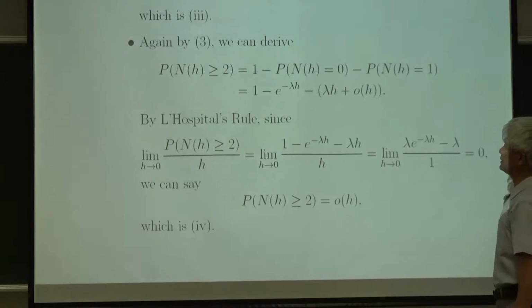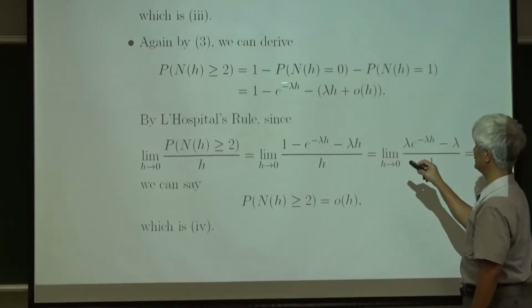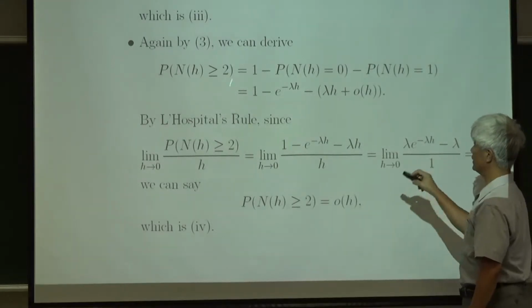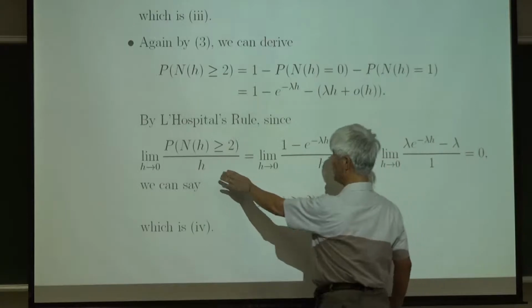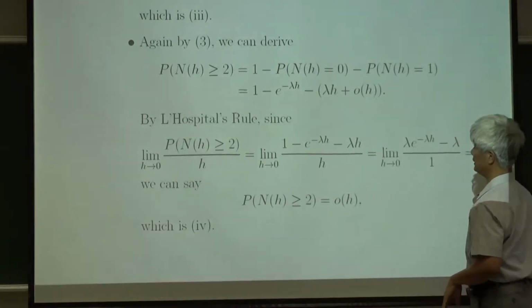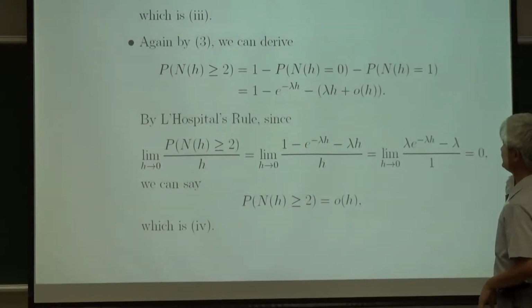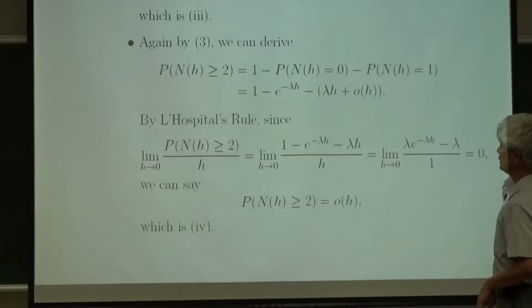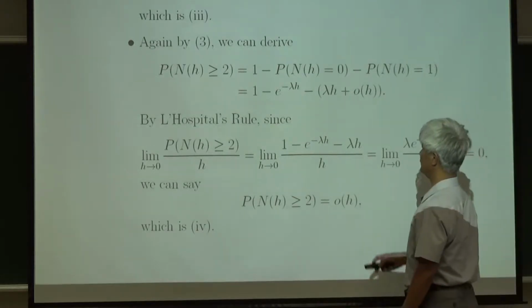Once again, if h goes to 0, the numerator goes to 0 and the denominator goes to 0 too. So we have to actually check using L'Hopital's rule.